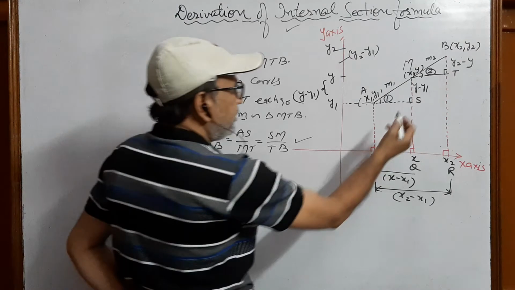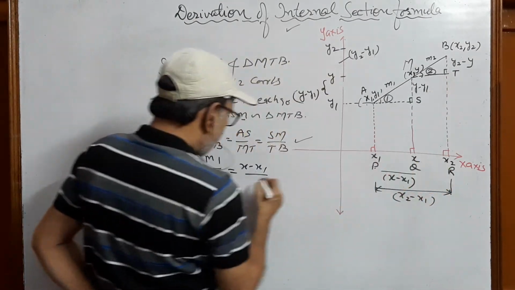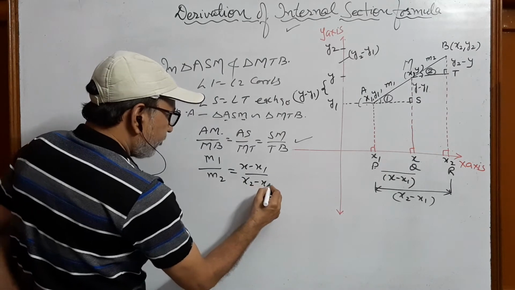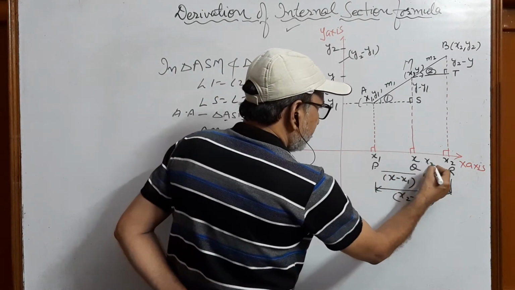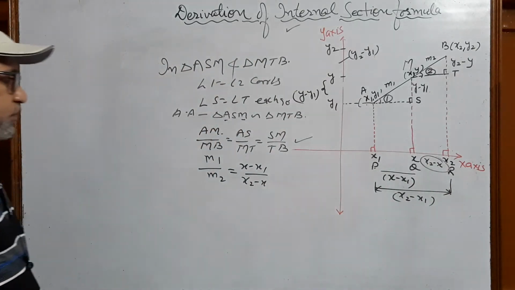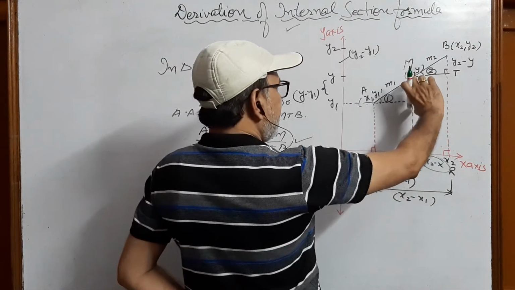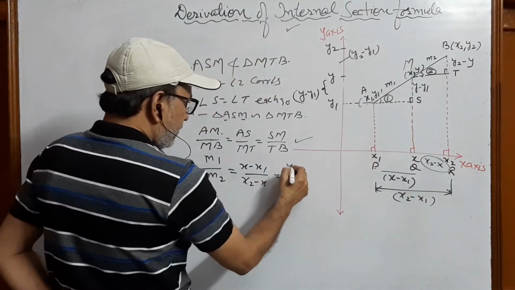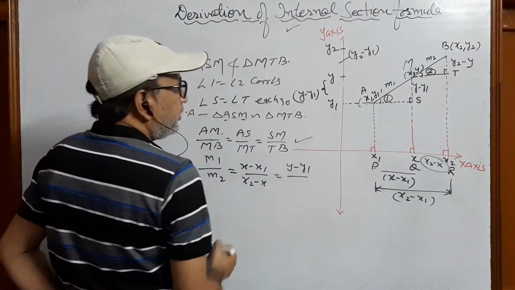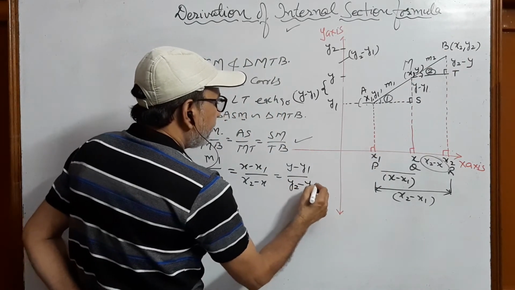MT you can find as X2 minus X. And same way SM is Y minus Y1 and TB is Y2 minus Y.